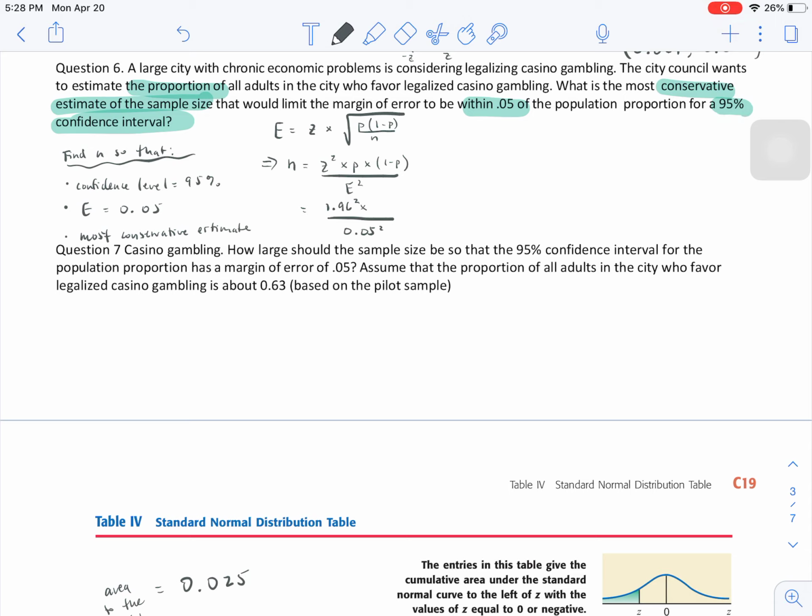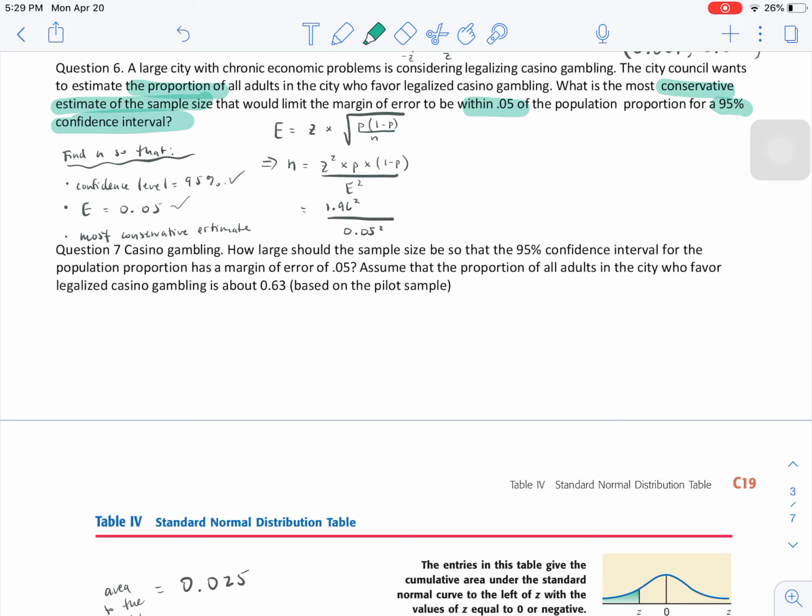Then I need p. Well, the problem is, if you notice here, it doesn't give us a sample proportion. It just tells us that we need a certain confidence level, a certain margin of error, and it tells us we need to find the most conservative estimate of the sample size. In other words, when I'm talking about a conservative estimate of the sample size, I want to err on the side of caution.